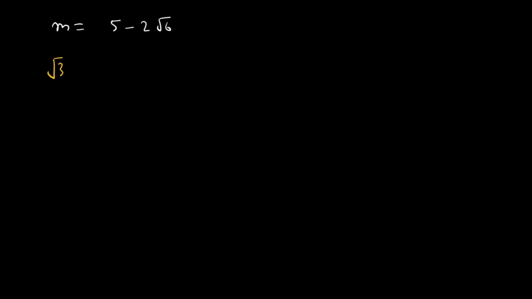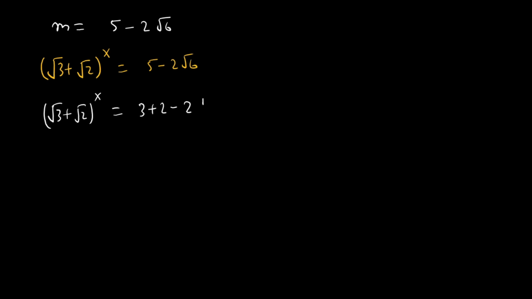So (square root of 3 plus square root of 2) whole power x equals 5 minus 2 times square root of 6. This 5 is the same as 3 plus 2, minus 2 times square root of, this 6 is the same as 3 times 2.